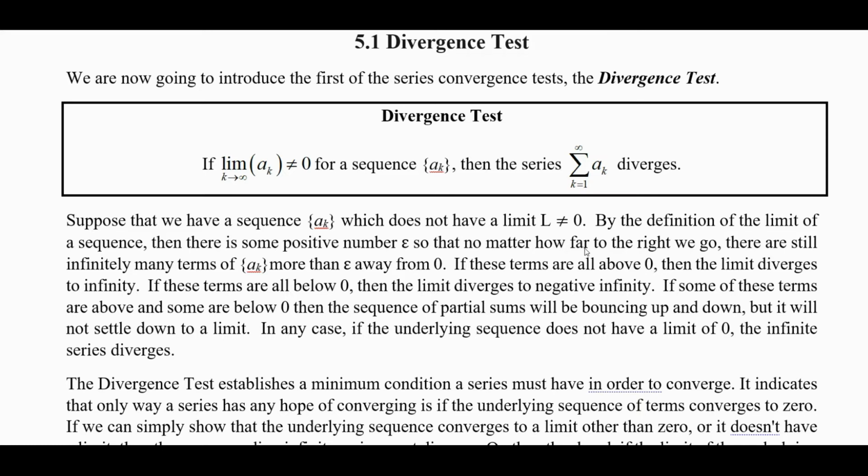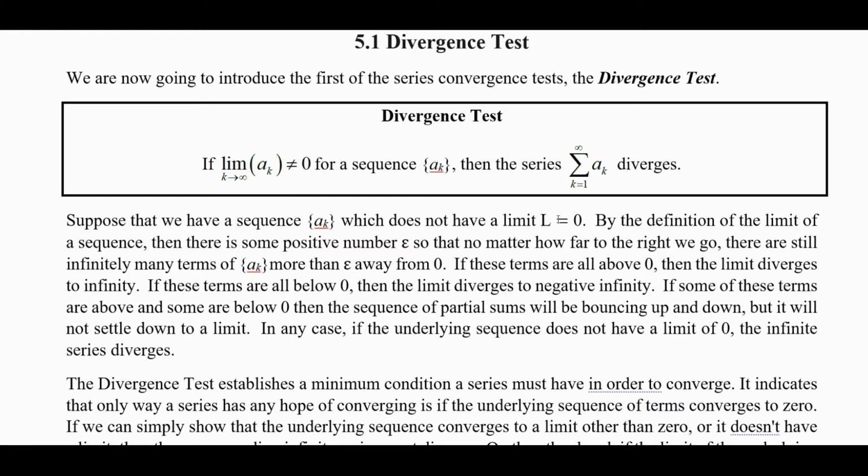So suppose that we have a sequence a sub k which does not have a limit of L equals 0. So it could have a limit that's not 0, or it might not have a limit. So by the definition of the limit of a sequence, there is some positive number epsilon, so that no matter how far to the right we go, there are still infinitely many terms of a sub k more than epsilon away from 0.